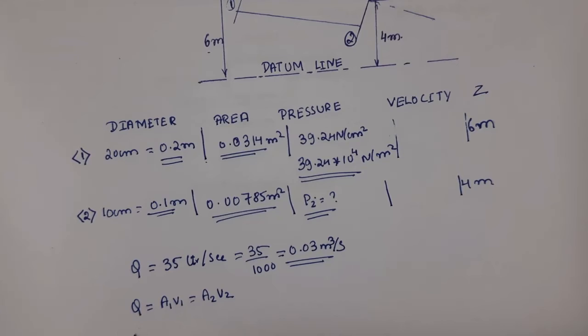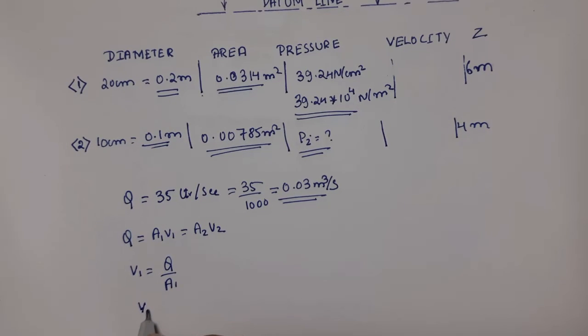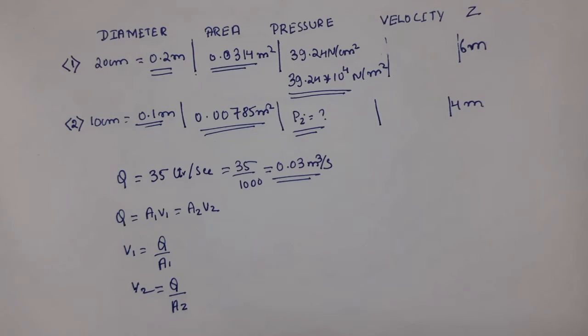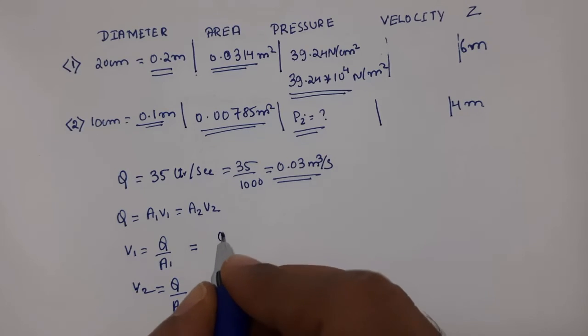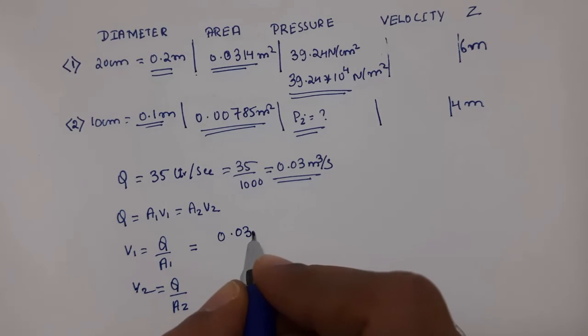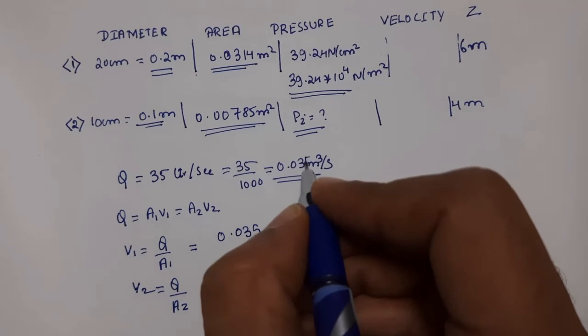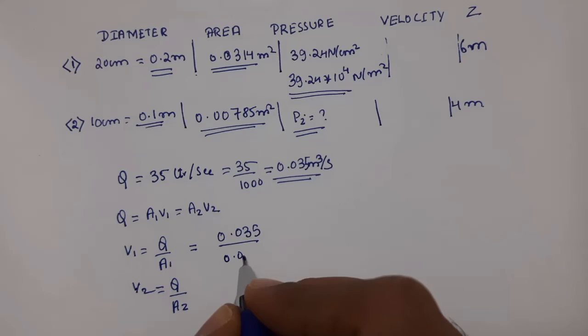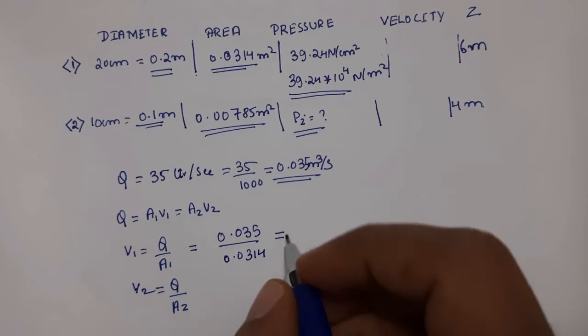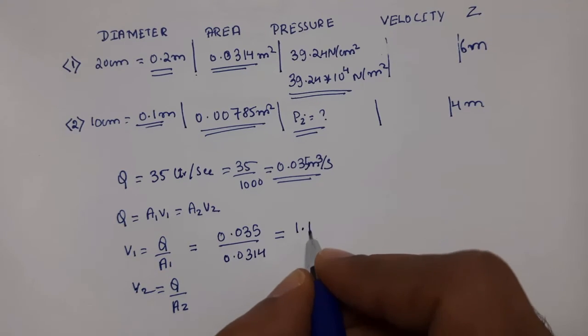By substituting the value, you can get V1 is equal to Q by A1, and V2 is equal to Q by A2. So the values that we get here, it will be 0.035 divided by area 0.0314. So that will be equal to 1.114.